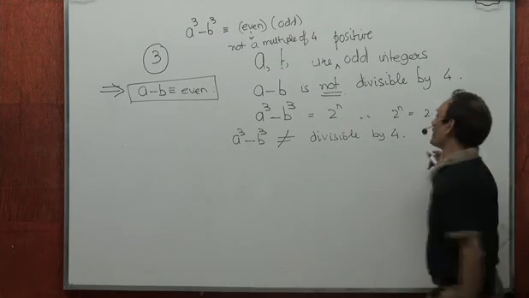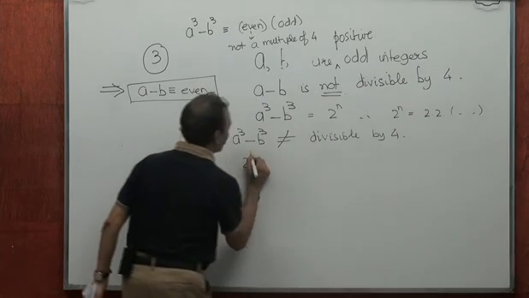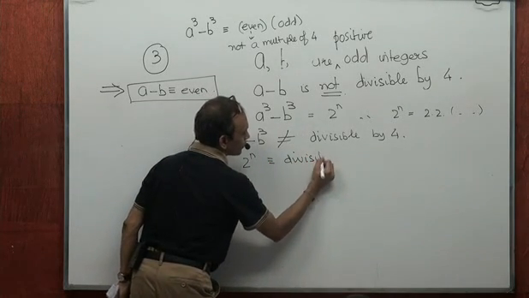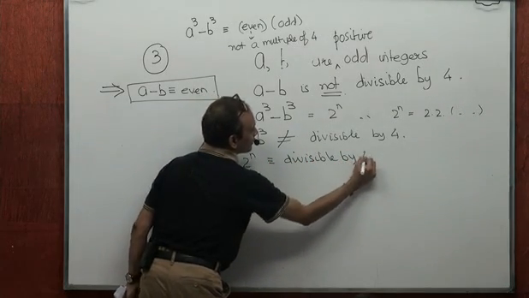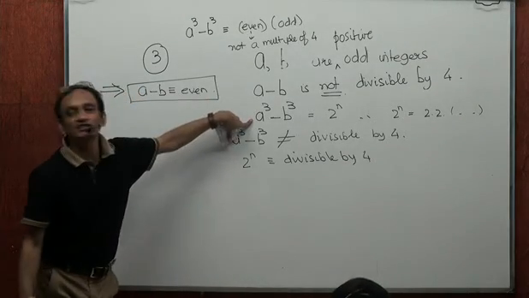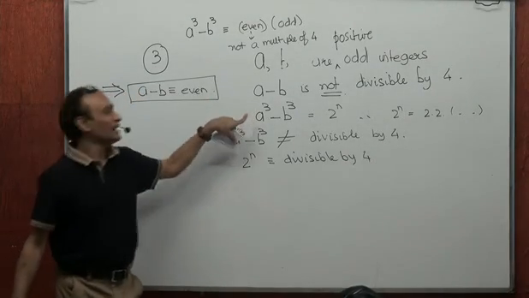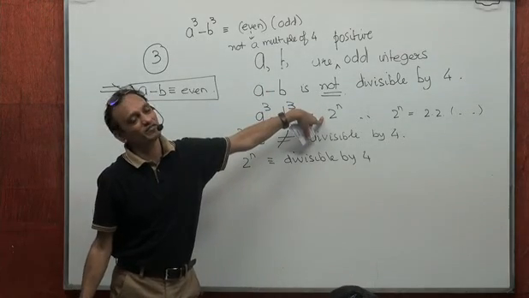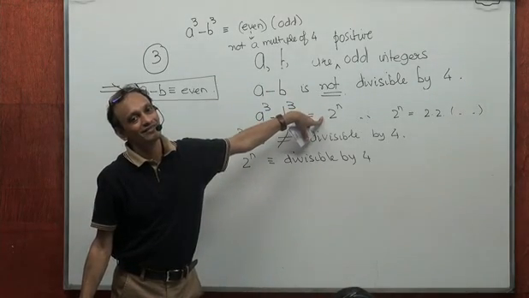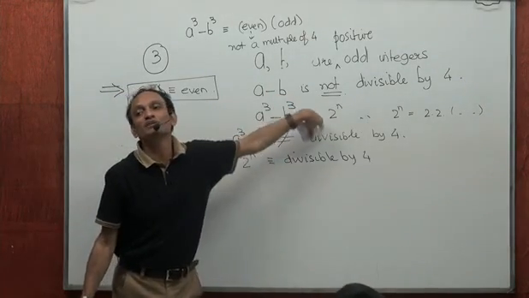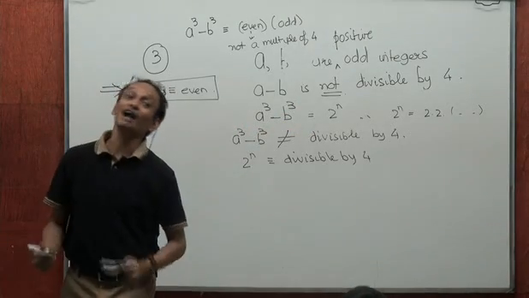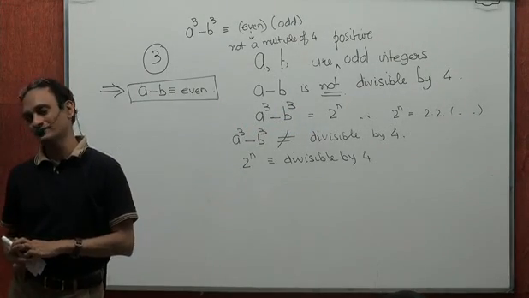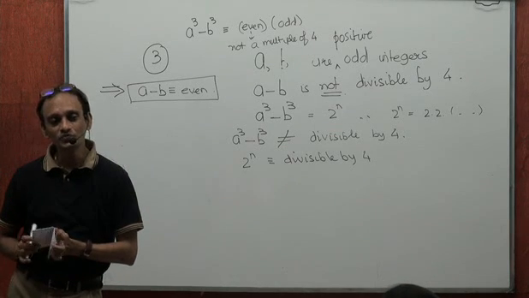Yes or no? So do you think this is a viable proposition? Left hand side not divisible by 4, right hand side divisible by 4. So this possibility is ruled out. I can't find A, B and N meeting the requirements of the problem. Does it make sense to you?